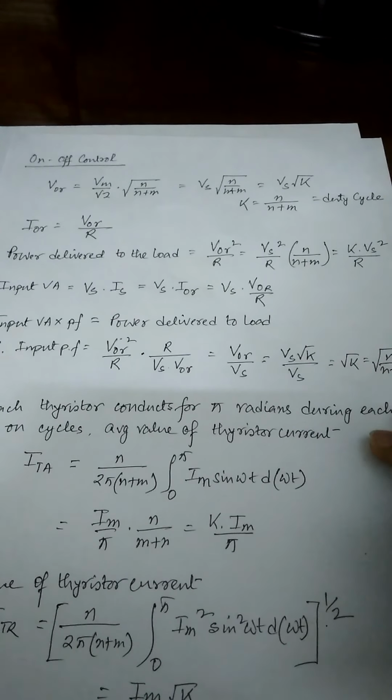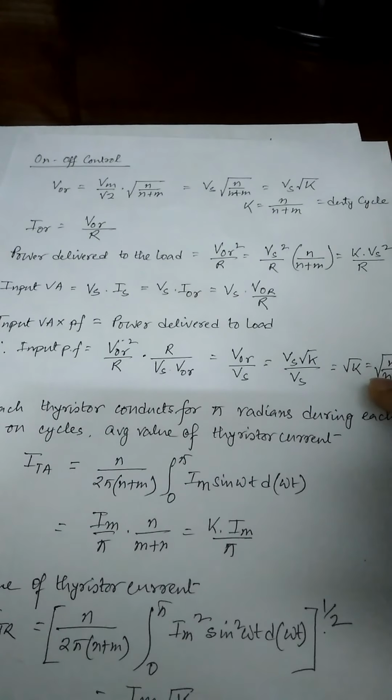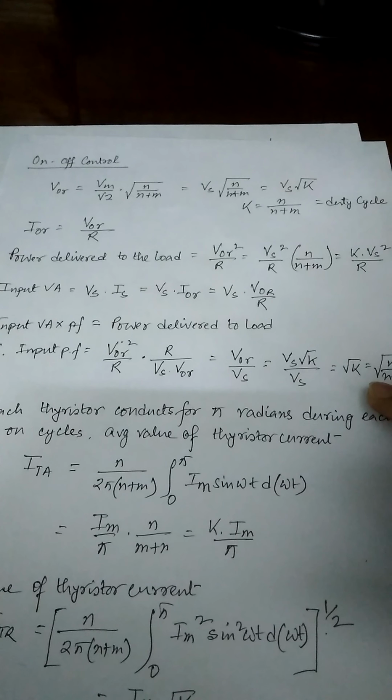In our previous classes of Power Electronics, we already concluded the AC voltage controllers. In the last classes we discussed the types of AC voltage controllers, and there we saw that we can use the AC voltage controllers in two types.